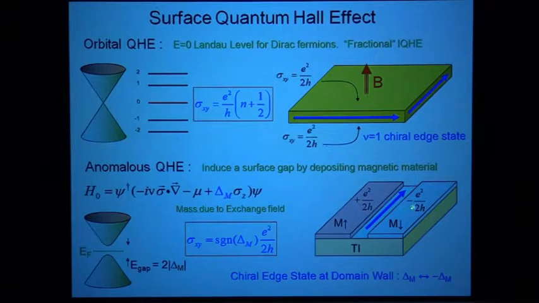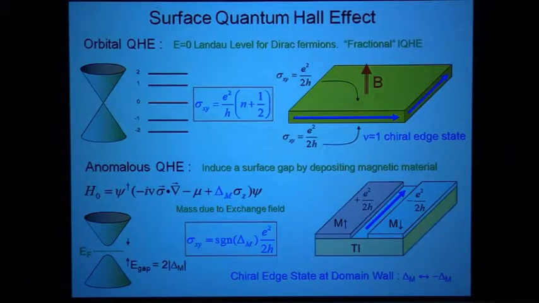Putting on the Zeeman field gives a mass to your 2 plus 1 dimensional Dirac fermions, and on a domain wall where that mass changes sign, then again you have one of these chiral Dirac fermion modes. This is an interesting thing, and it would be nice to be able to make something like this.